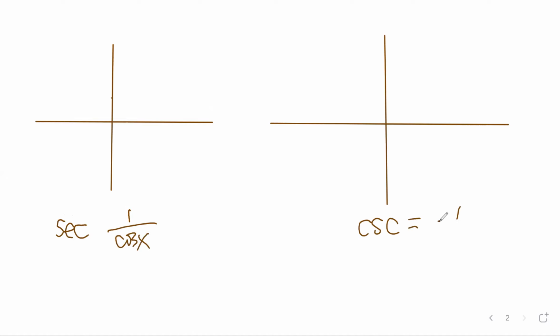Just 1 second. This is SEC. This is CSC. Okay. Right. Can go. Remember, SEC is 1 over cosine. This guy is 1 over sine. So basically, you want to draw cosine first, and then you will be able to draw the secant, right? Yes. Go ahead, give it a try.